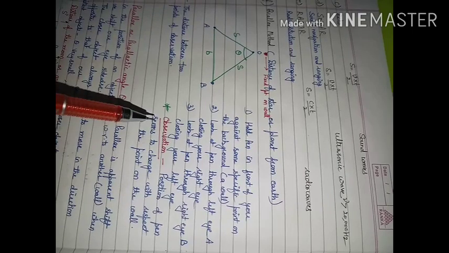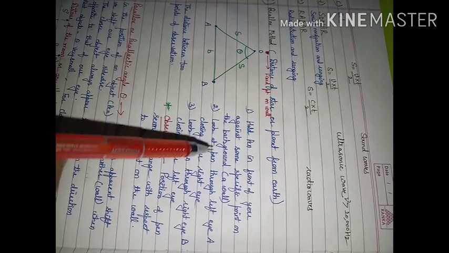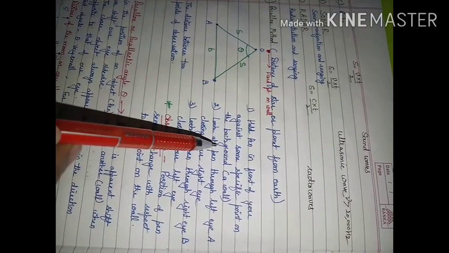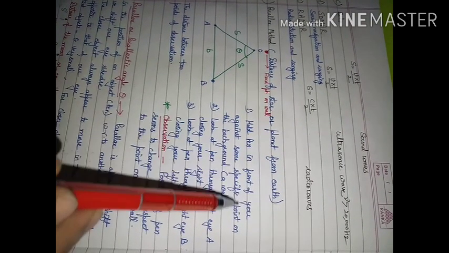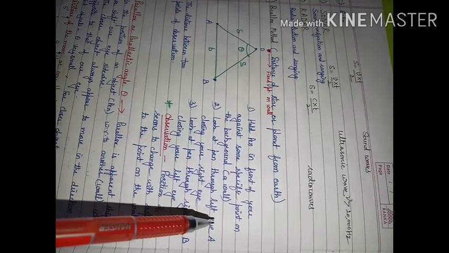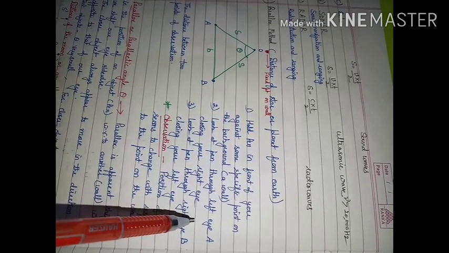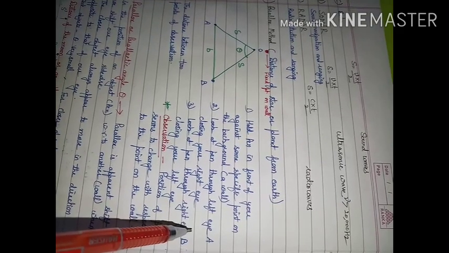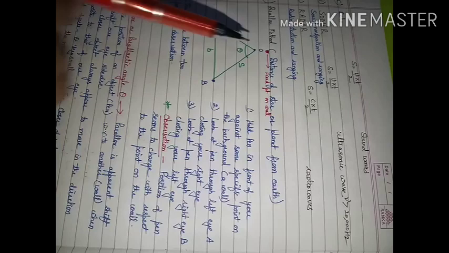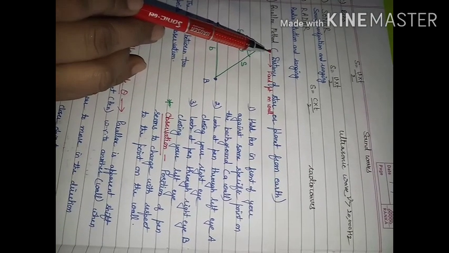The activity is you fix a point on the wall in front of you and hold one pen in front of you against that specific point on the wall. Now the second step is you look at the pen through your left eye and close your right eye. This is one point fixed on the wall.